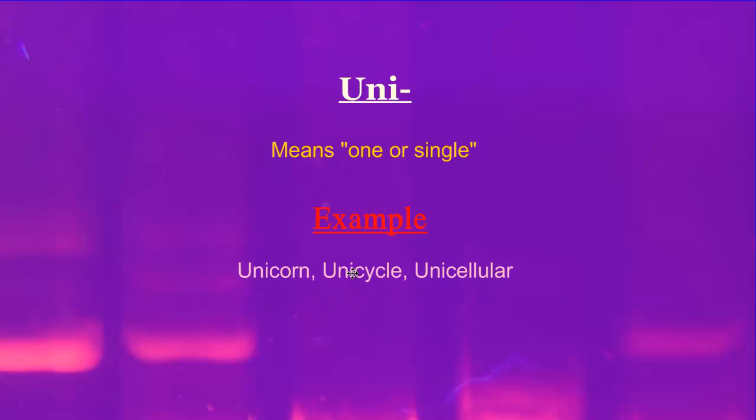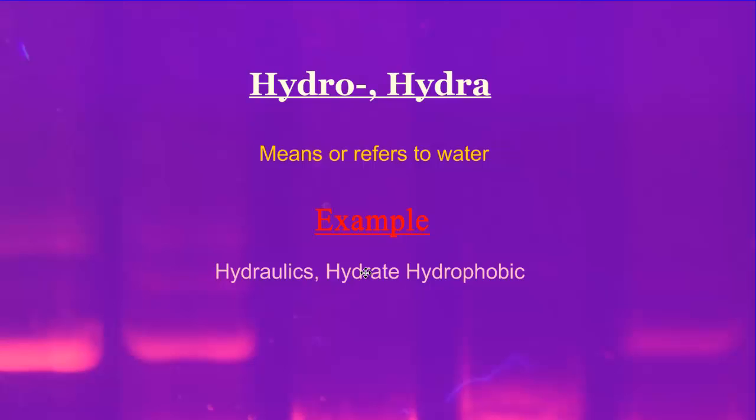Now, the opposite of multi is uni. Uni means one or single. So words that have the meaning of one or single would need this prefix. For example, unicorn, unicycle, or unicellular. Hydro or hydra. Both of them mean or refer to water. Examples where you'd hear a word with hydro or hydra in it would be hydraulics, hydrate, or hydrophobic.